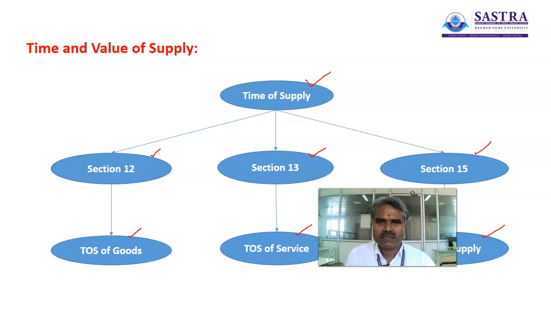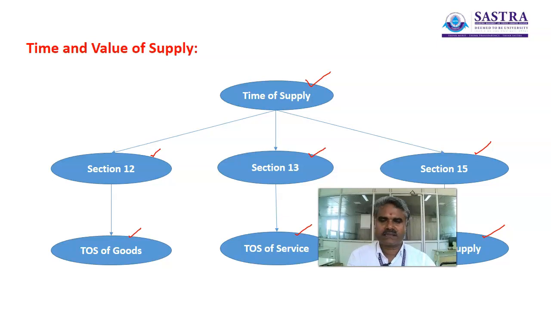We need to discuss what the contents of section 12 are, and what rules and regulations are available in section 12 for time of supply of goods. That is very, very important. We have to discuss time of supply for goods as well as services separately.